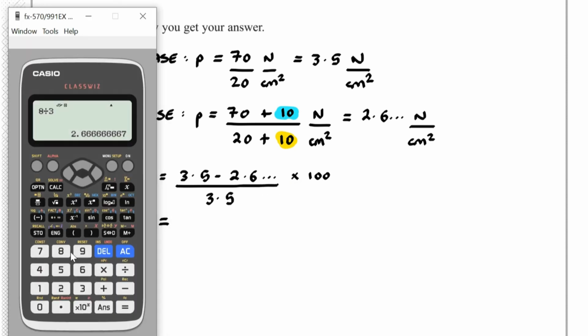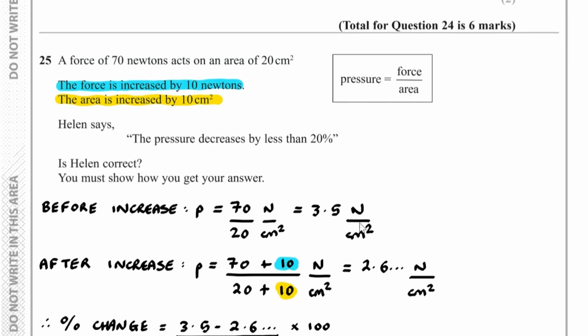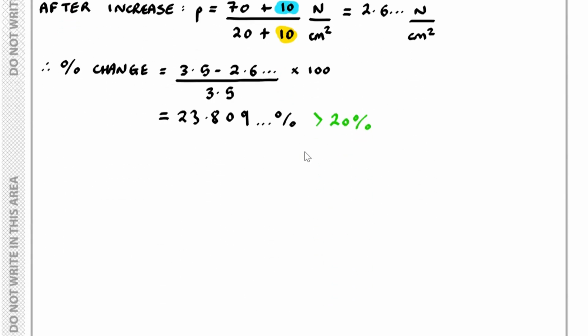So we have 3.5 subtract this divided by 3.5 times 100. It turns out we get 23.809, etc. %. And this value is greater than the 20% which Helen mentioned, so it decreases by more than 20%. So in other words, Helen is incorrect.